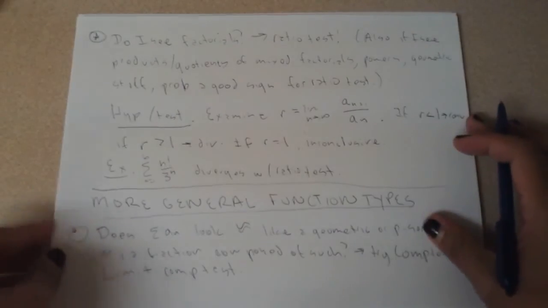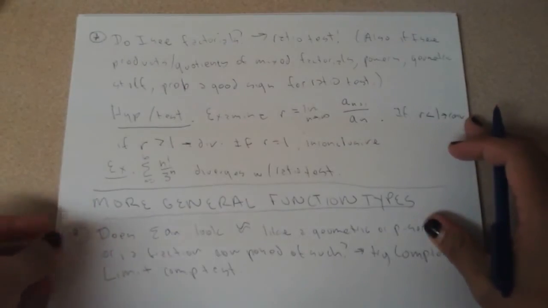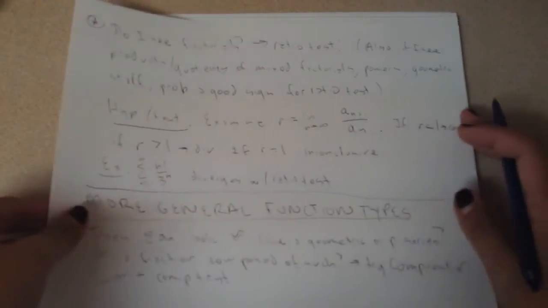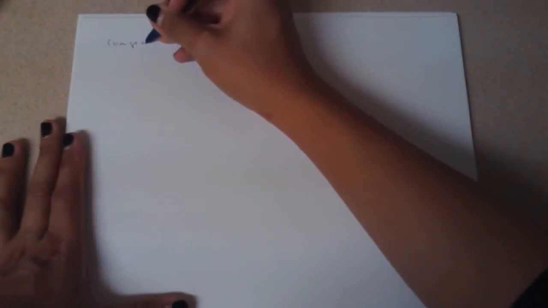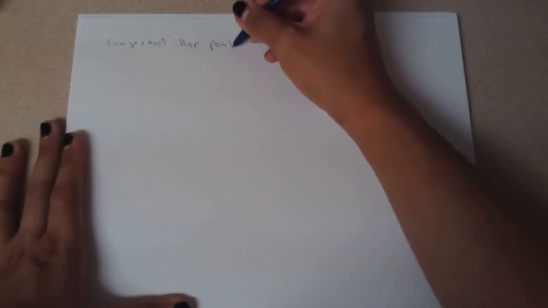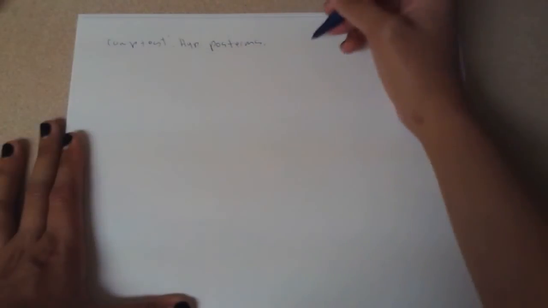So I guess I'll go ahead and write these out here, since I did say that I would remind you guys of the hypotheses for this. For my comparison test, we said that my hypotheses were I need basically positive terms everywhere.